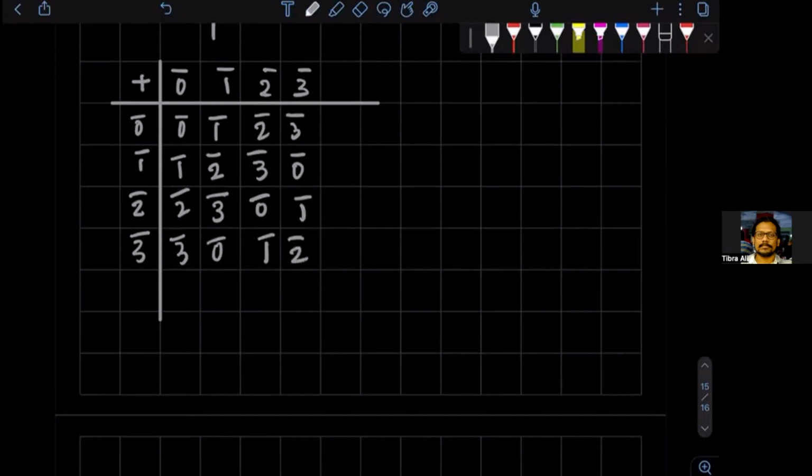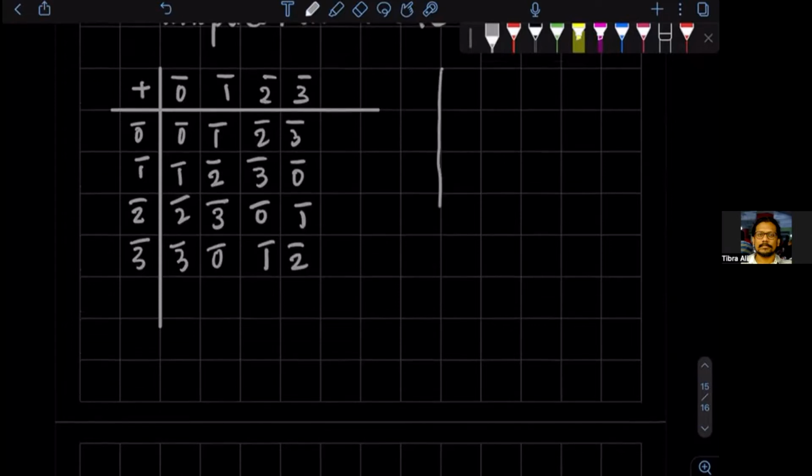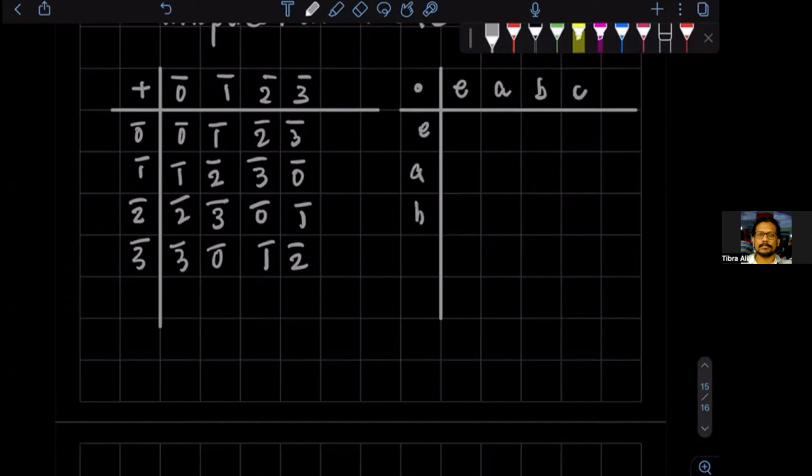Okay, so we can write this in a more abstract way, where this is a group multiplication, and the group elements, let me give names: E for identity, A, B, C. Now, if I identify E to 0, A to 1, B to 2 and C to 3 bar.